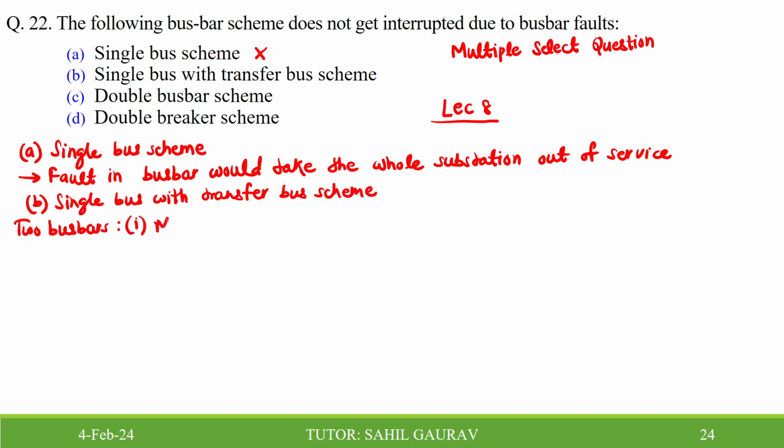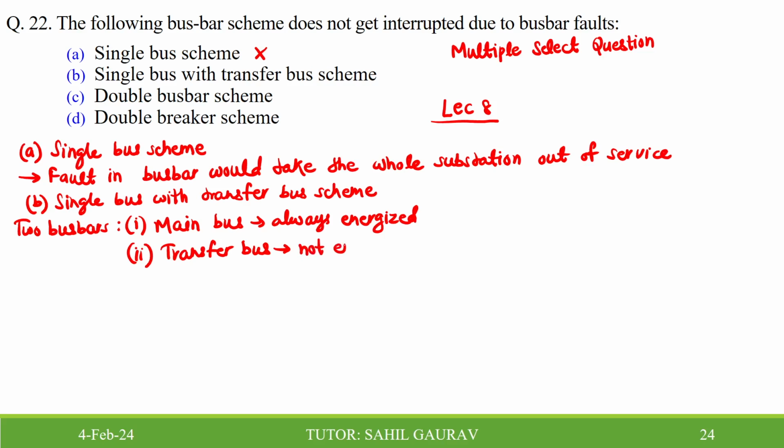One is the main bus that is always energized, and the second one is the transfer bus. It is not energized.